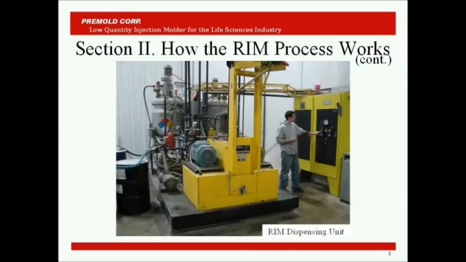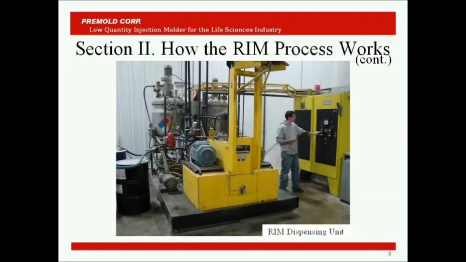This is a typical RIM dispensing unit or molding machine. You'll notice the closed loop computer controls over here to, again, regulate the pressures and temperatures, flow rates, mix ratios, and specific gravities of the two liquids. RIM resins are normally sold as two-component systems by manufacturers like Bayer and Dow, to name a couple.